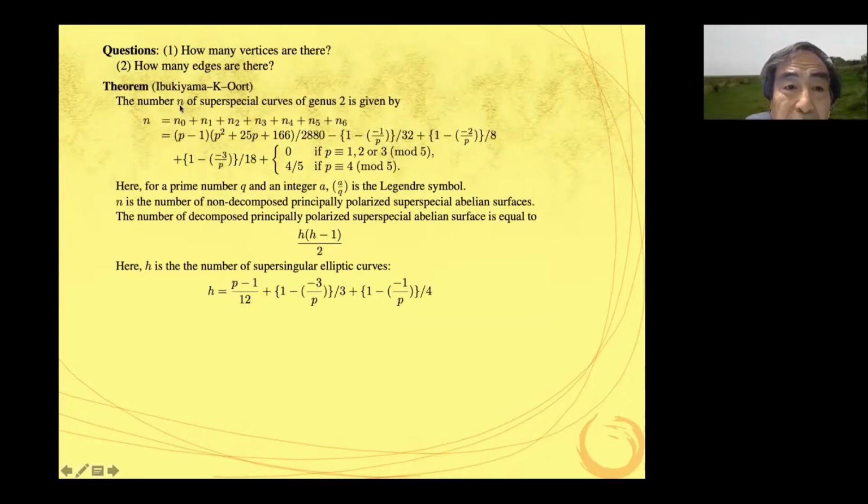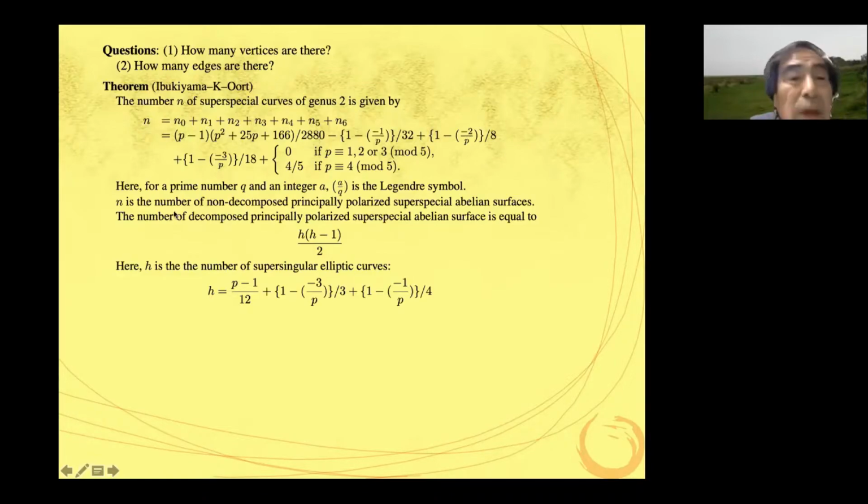For vertices, long ago, Ibukiyama, myself, and Ohashi showed the following. The number of superspecial curves of genus 2 is given concretely by this formula, with N0 to N6, which I'll explain later. But anyway, the total number is equal to this one.